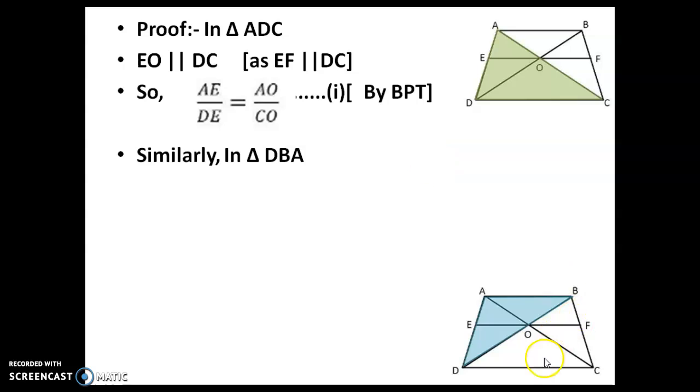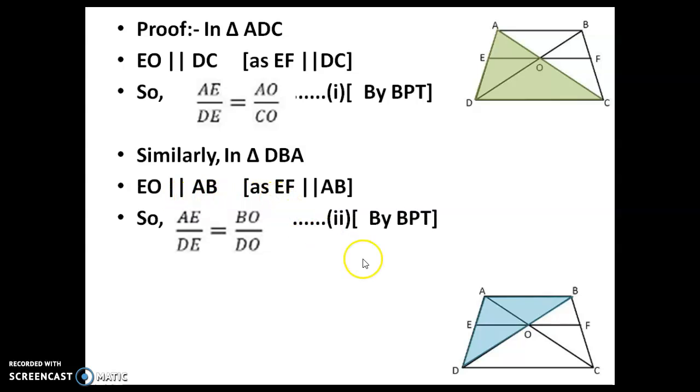In the light blue triangle, we are taking DBA. In the same way, EO is parallel to AB, so by basic proportionality theorem we write the ratio like this. From 1 and 2, you can see the LHS is the same in both, so we can equate the RHS.